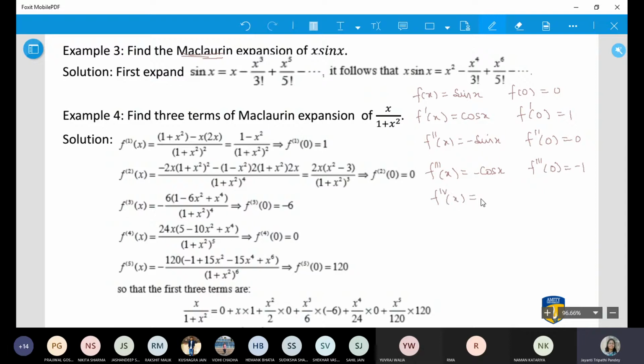You can see that you will only find odd derivatives as non-zero derivatives, right?